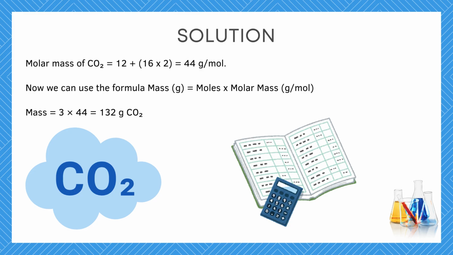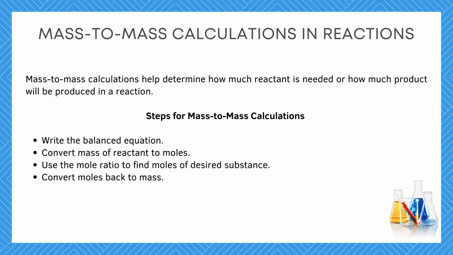When we add that to 12, we get 44 grams per mole. That is the molar mass. So now we can use the formula mass is equal to number of moles multiplied by molar mass. That gives us 3 multiplied by 44, and that ends us up with 132 grams of CO2. It's just so fun and easy to understand. I hope you are following.